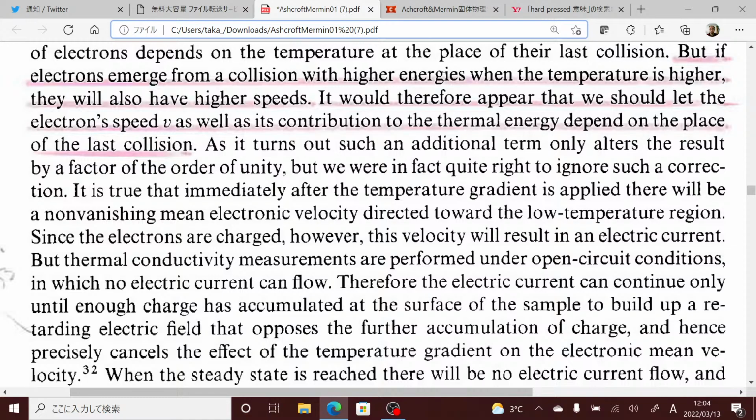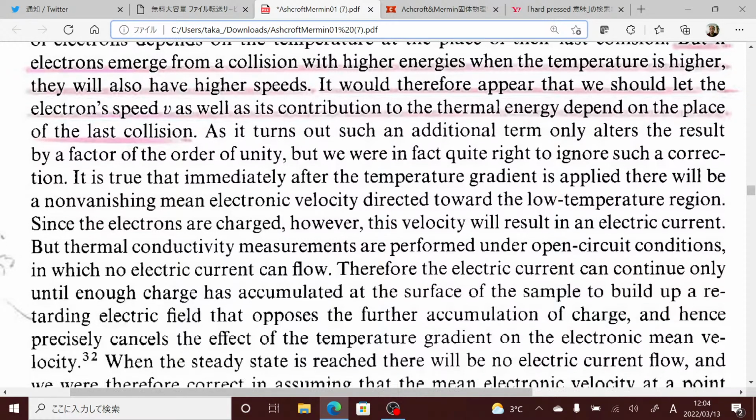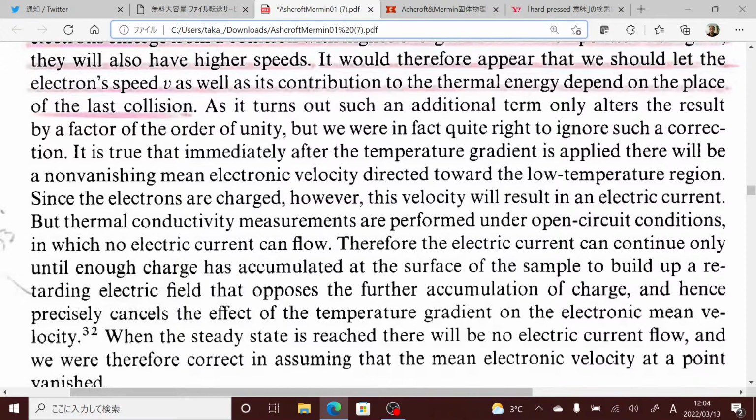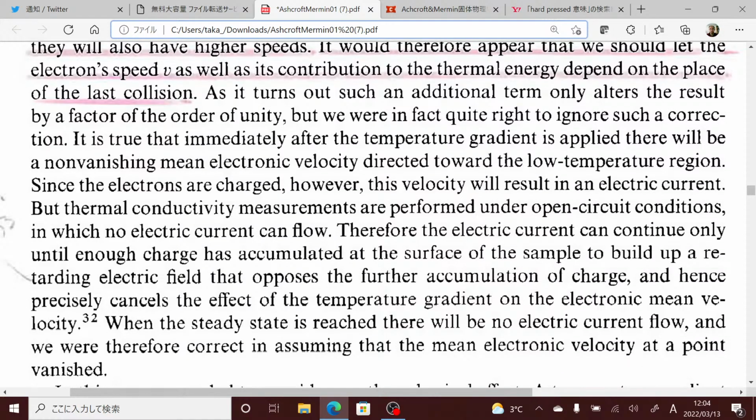Why? It is true that immediately after the temperature gradient is applied, there will be a non-vanishing mean electronic velocity directed toward the low temperature region. Since the electrons are charged, however, this velocity will result in an electric current, but thermal conductivity measurements are performed under open circuit conditions in which no electric current can flow.